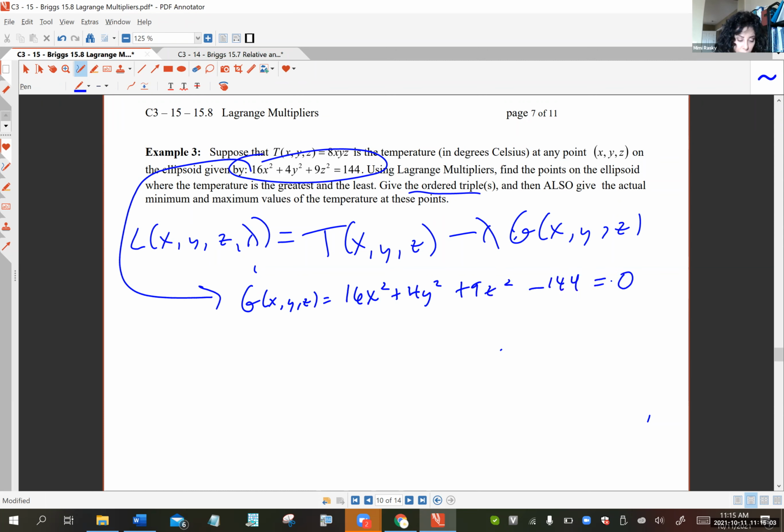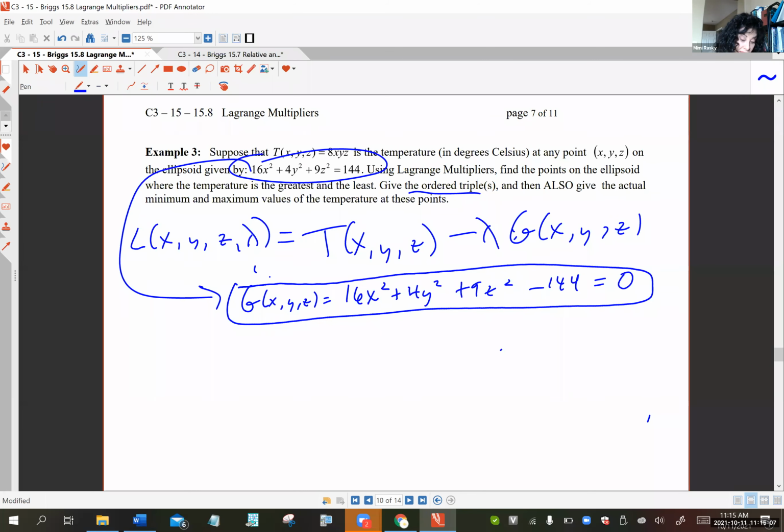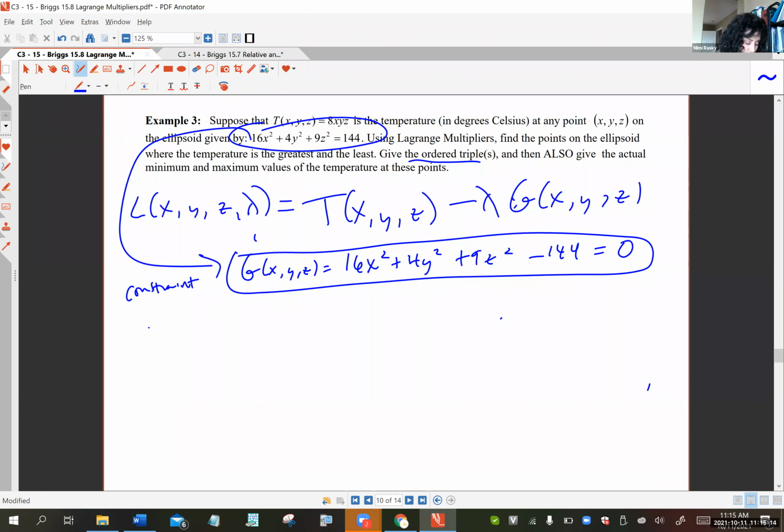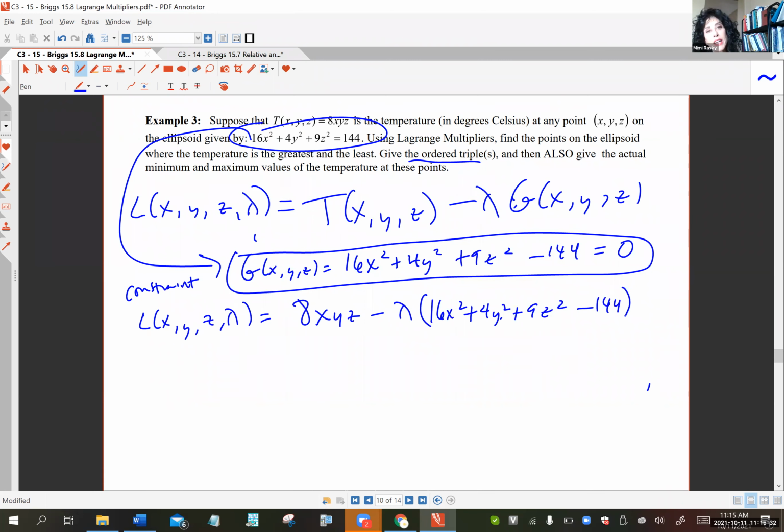So there's our constraint, and because we have a constraint, you can use the Lagrange method. Otherwise, you wouldn't be allowed to. So for us, the big L is 8xyz minus lambda times (16x squared plus 4y squared plus 9z squared minus 144). Okay, let's go get this guy's partials and set them all equal to 0.